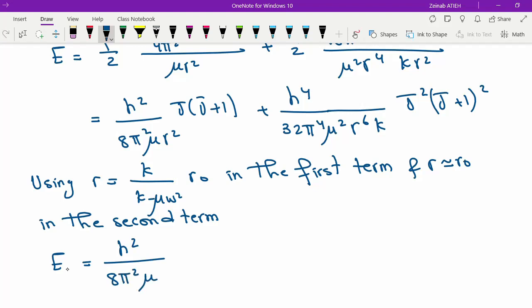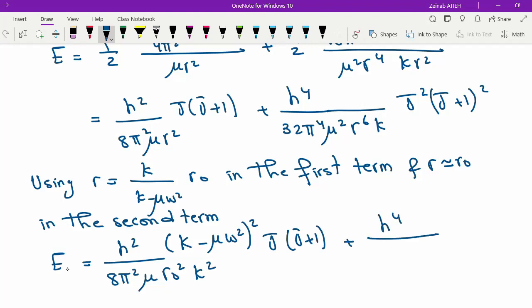I will substitute for R squared, which will give R0 squared K squared over K minus mu omega squared, all squared, multiplied by J plus 1, and this term here remains the same over 32 pi to the power 4 mu squared R0 to the power 6 K J squared J plus 1 squared.